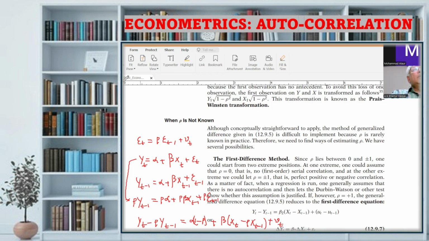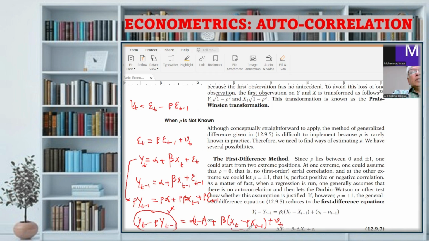What is nu t? By definition, nu t equals epsilon t minus rho epsilon t minus 1, and on this side, this minus this is equal to nu t. So then they said, okay, why don't you consider this as a new y star?